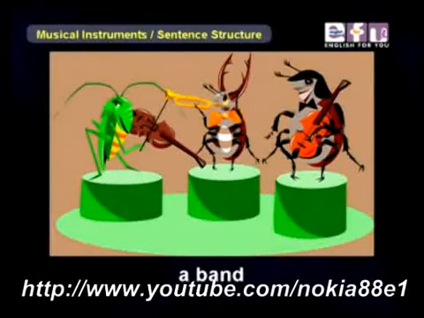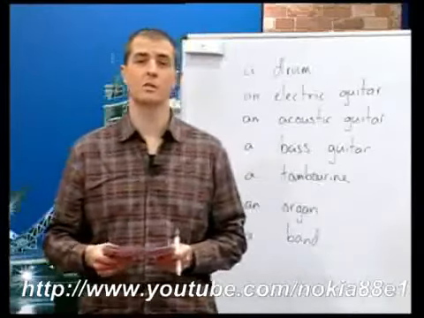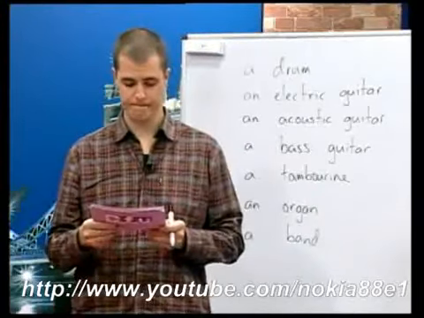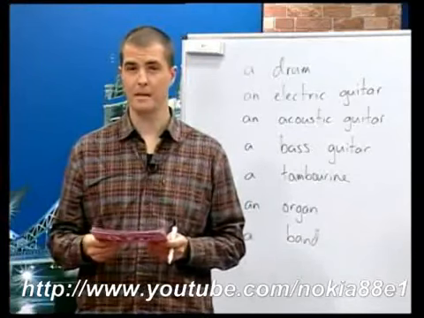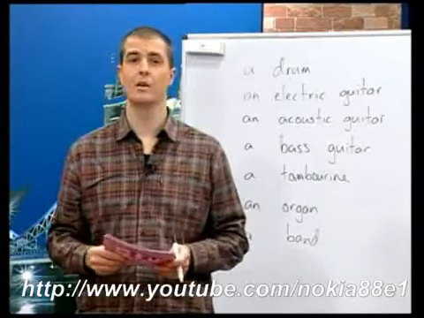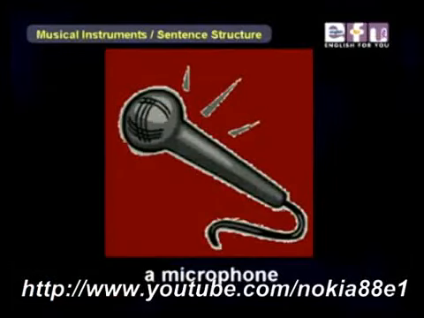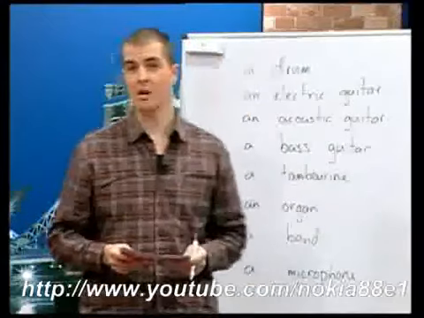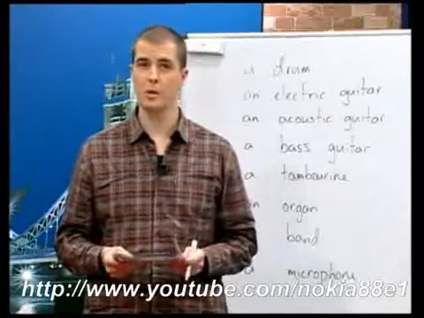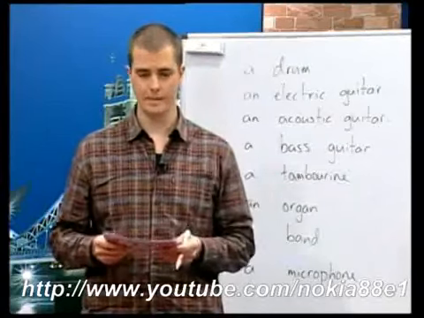We have a band. A band is a group of musicians who play popular music. The main singer in a band is called the lead singer or lead vocalist. And one more, down here, a microphone. A microphone is a piece of equipment that you speak into to make your voice louder.